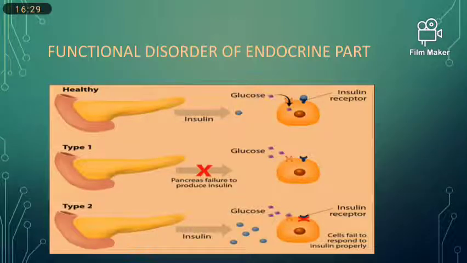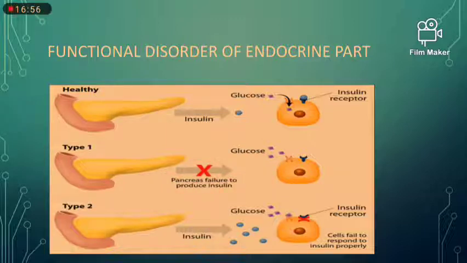Now coming to the functional irregularity, the pancreas is more known for its functional disorder, that is diabetes. In a healthy individual you can see insulin receptors are taking insulin and acting properly, but in type 1 diabetes mellitus there is failure of the pancreas to produce insulin.